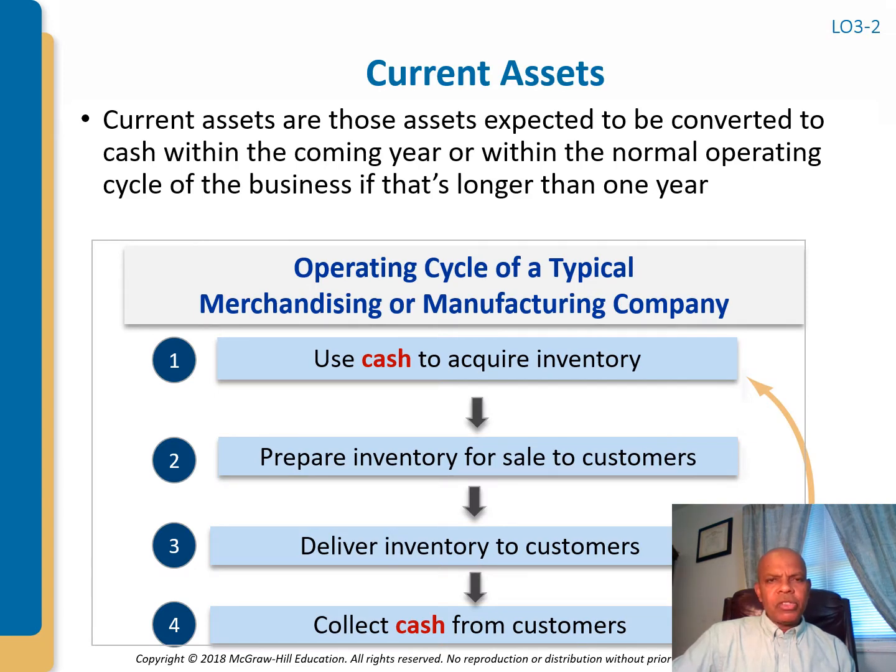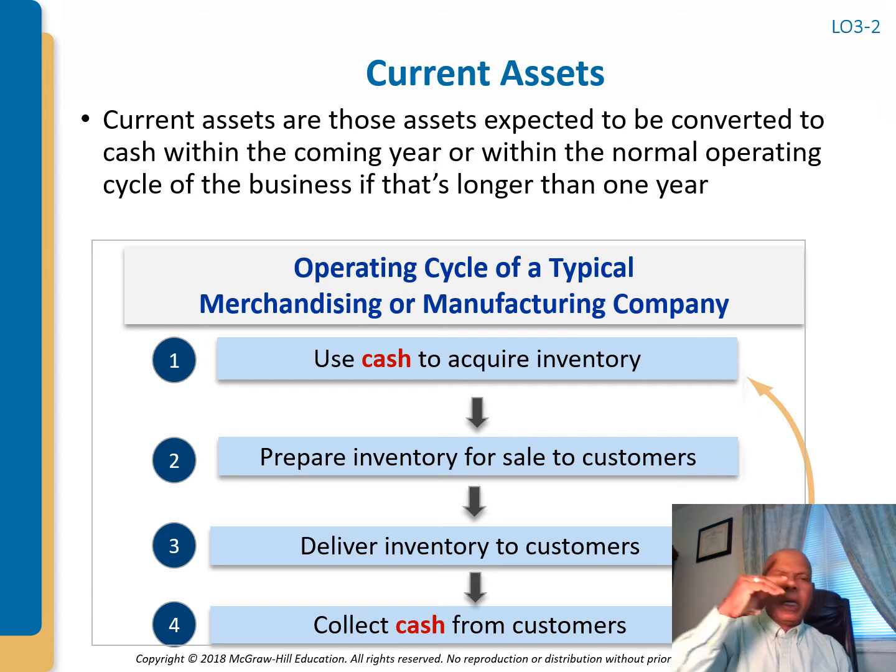Now, current assets are those assets expected to be converted to cash within the coming year, or within the normal operating cycle of a business if that is longer than 1 year. What do we have here? If you look at this quick schedule, it shows the operating cycle of a typical merchandising or manufacturing entity.